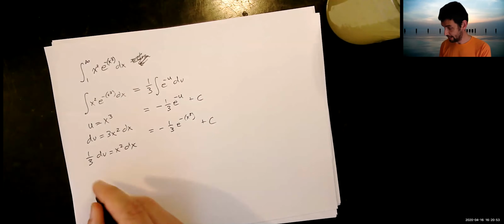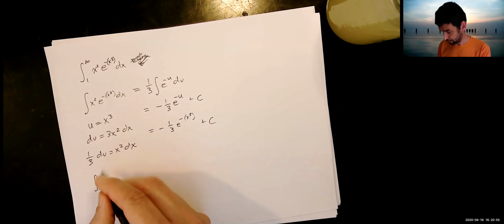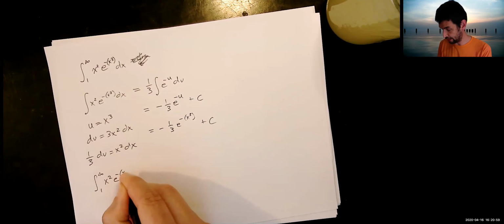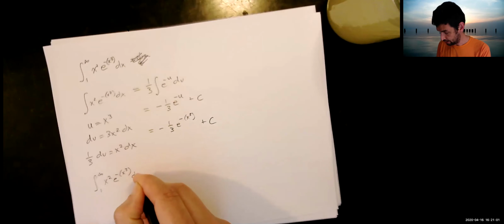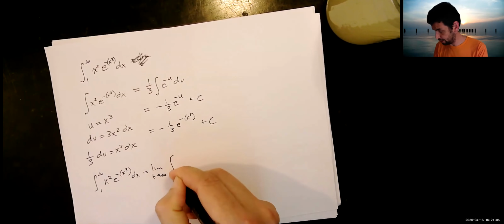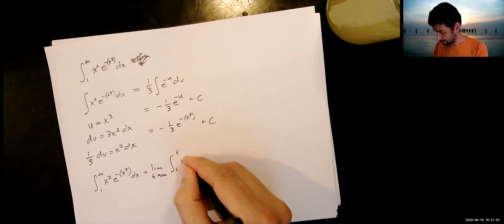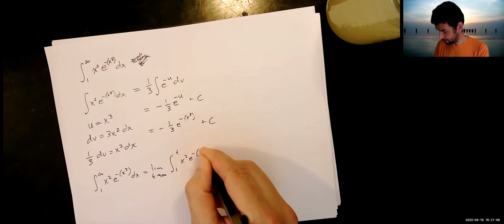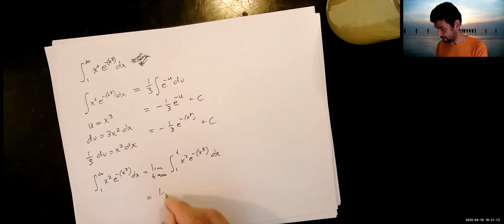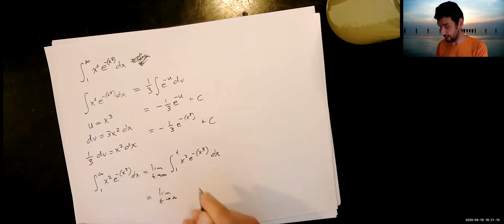Now let's take the integral from 1 to infinity of x squared e to the negative x cubed dx, which equals the limit as t goes to infinity of the integral from 1 to t of x squared e to the negative x cubed dx, which equals the limit as t goes to infinity.